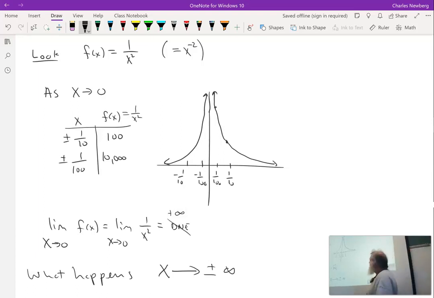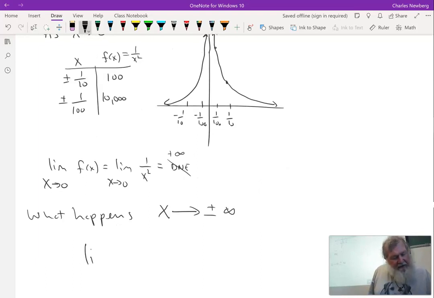Well, as these x's get bigger and bigger, well, first off, 1 over x is never going to be 0 because the only way a fraction can be 0 is what? The numerator has to be 0, and 1 is never 0. So they're going to get closer and closer to 0. So it looks like those function values are leveling off to what? 0. So we'd say the limit as x goes to positive infinity of f of x equals 0.